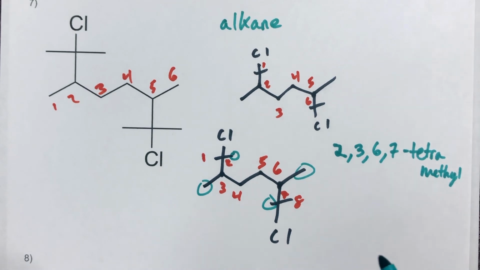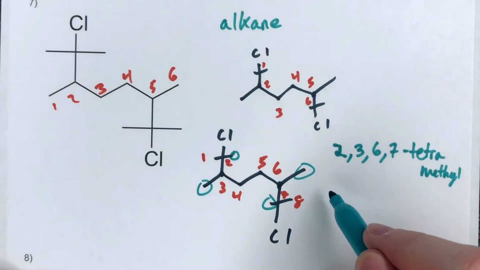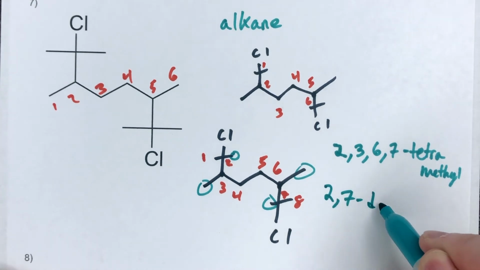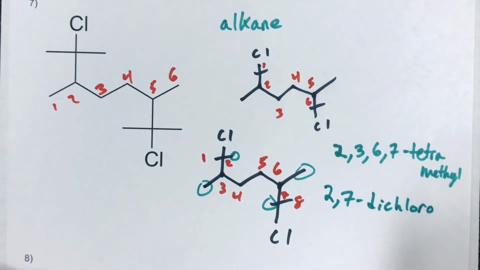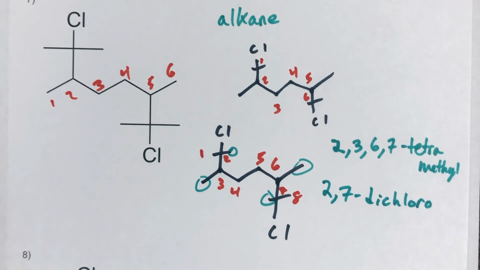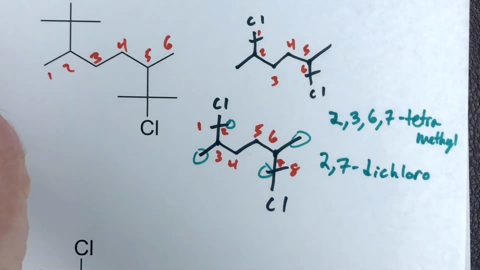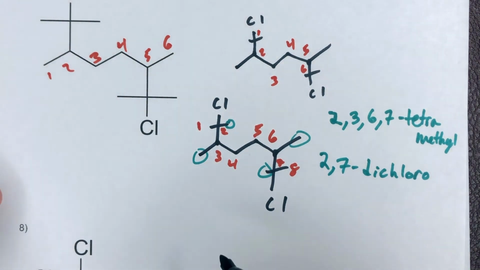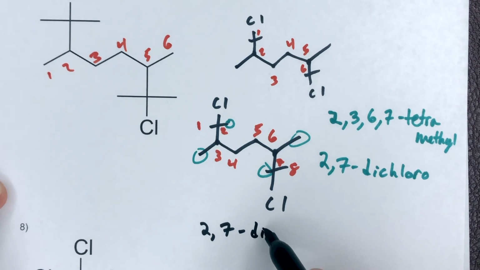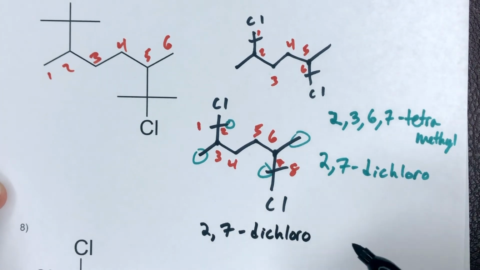And then there's a chlorine at 2 and at 7. So 2,7 dichloro. Okay, and then again, you put this all together in one combined name, alphabetical order. So this is 2,7-dichloro. The chlorine substituent goes first.